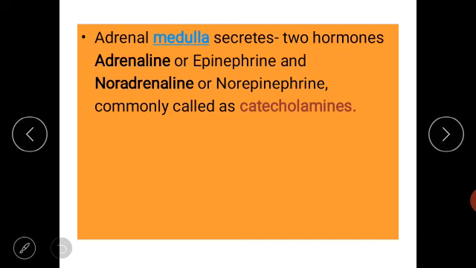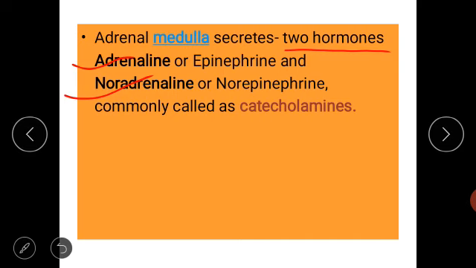Now we'll study that the adrenal medulla secretes two hormones: adrenaline or epinephrine, and the other hormone called noradrenaline or norepinephrine.